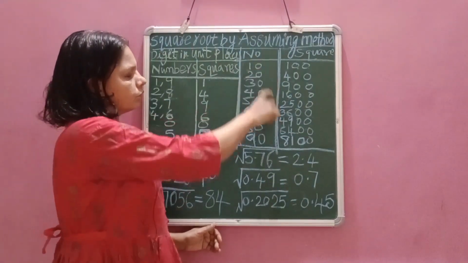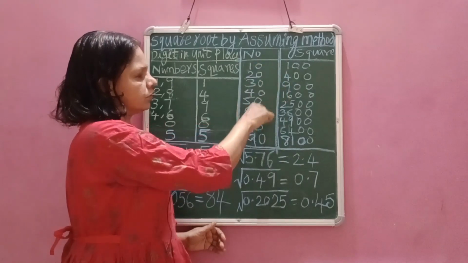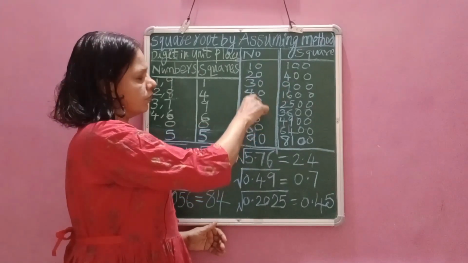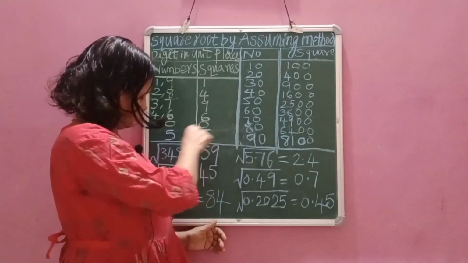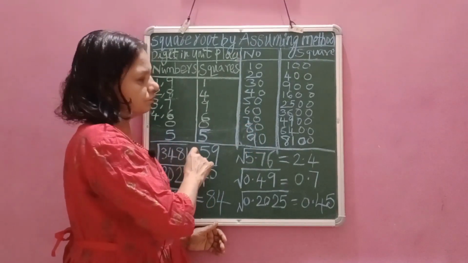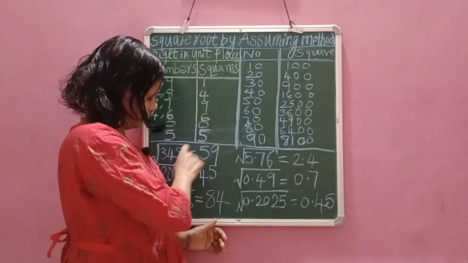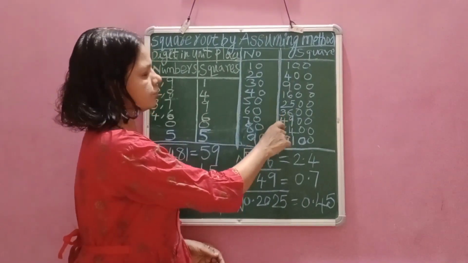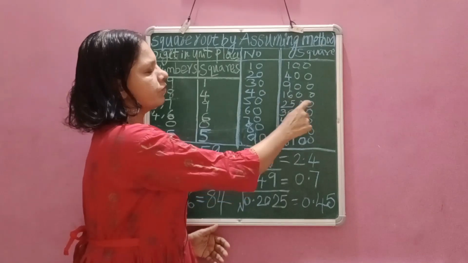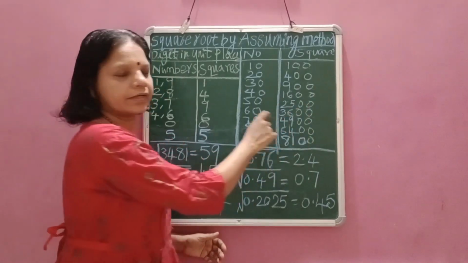You have to go through these square roots. That is, in between which tens? Square of which tens does 3481 lie between? So 3481 lies in between 2500 and 3600.